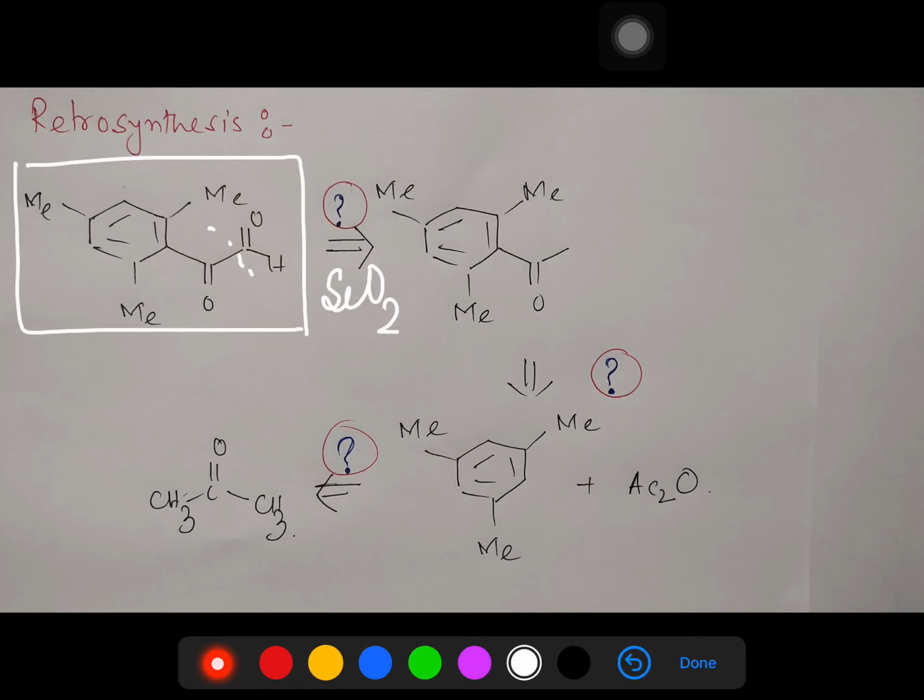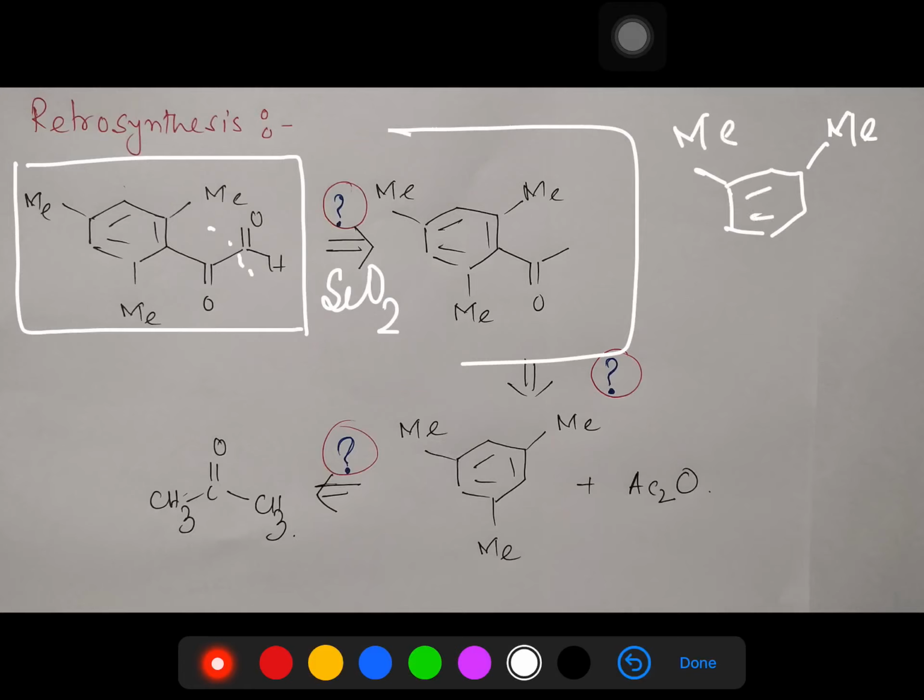Now you can ask me, sir, where you have taken the ketone, you can take the corresponding aldehyde. But first of all, synthesis of this molecule is difficult.